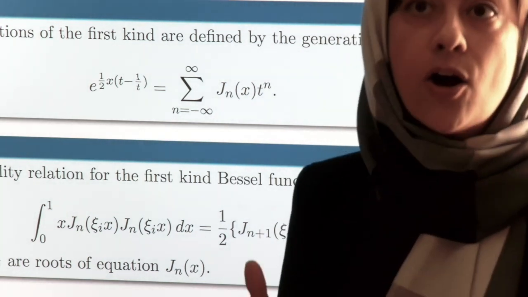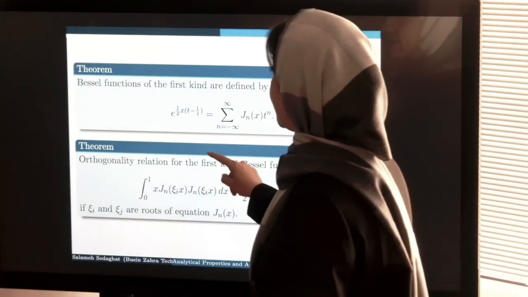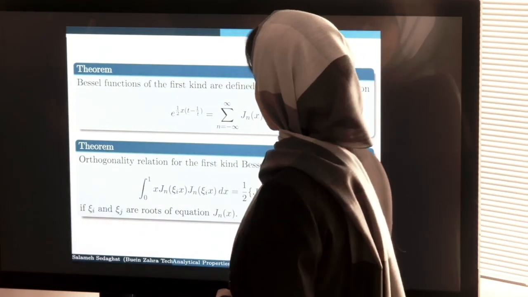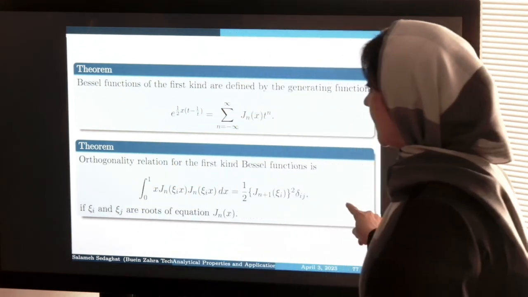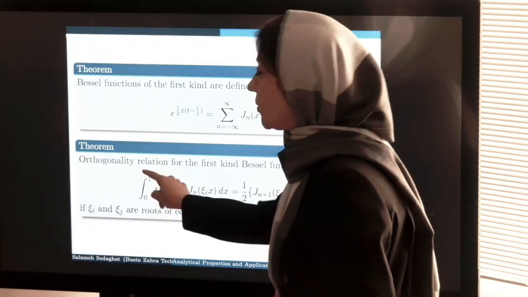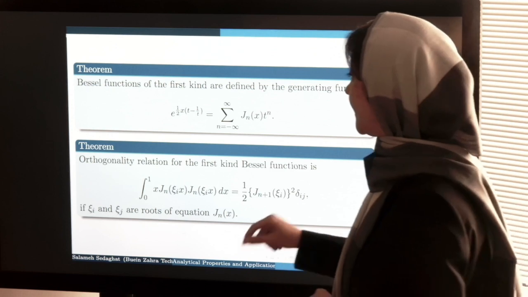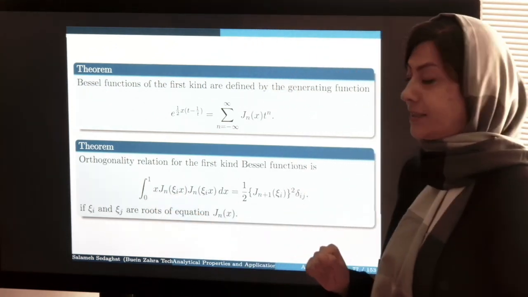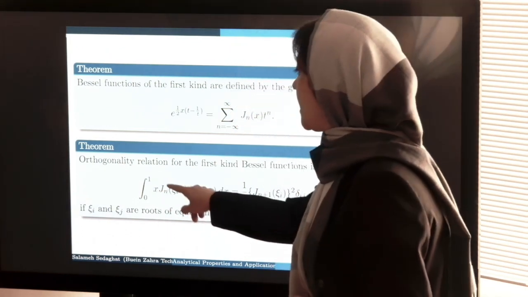Bessel functions are orthogonal polynomials too, and the orthogonality relation for the first kind Bessel function can be obtained from this equation. Integral 0 to 1. So these functions are orthogonal on the interval 0 to 1. The weight function is x.